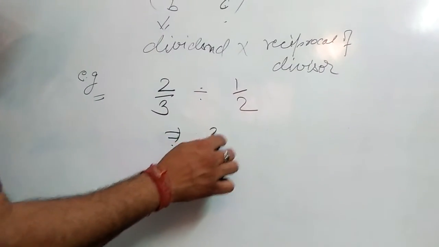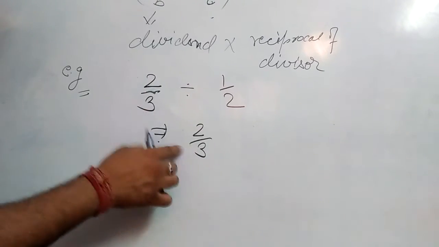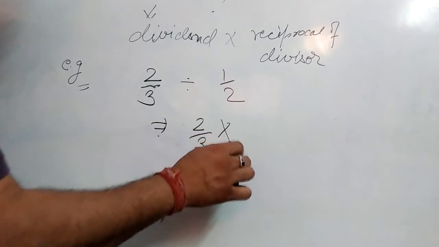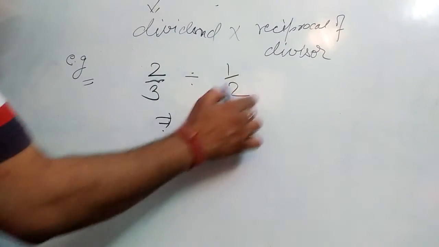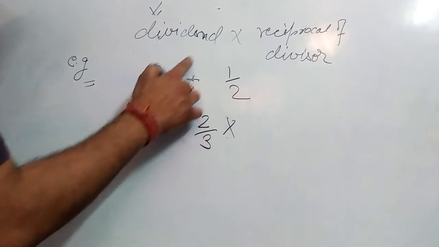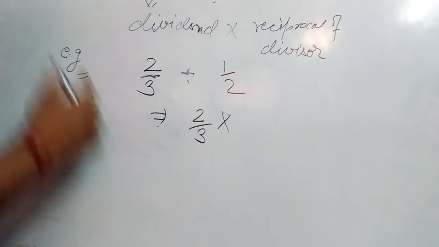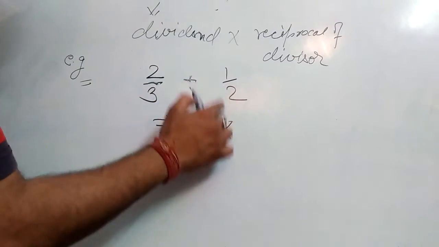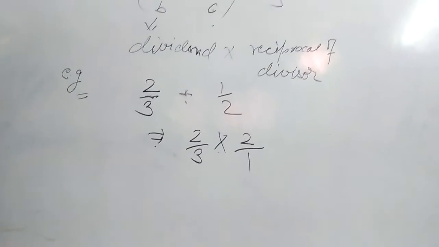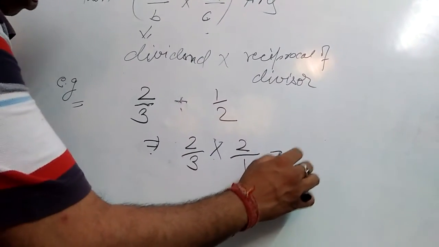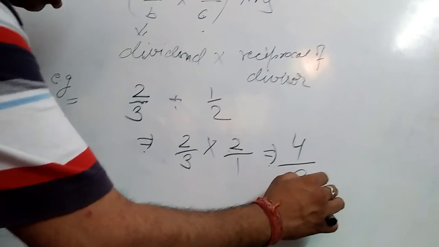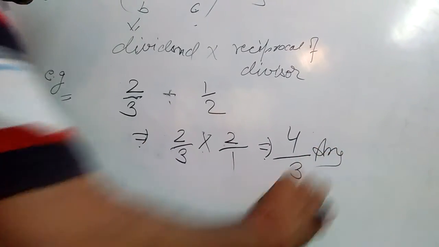According to this definition, my dividend remain as such, and this division term convert into a multiplication, and then I write the reciprocal of your divisor. Here your divisor is 1 by 2, so reciprocal of this 1 by 2 is 2 upon 1. So now my answer is 2 2s are 4 and 3 1s are 3. This is my final answer.